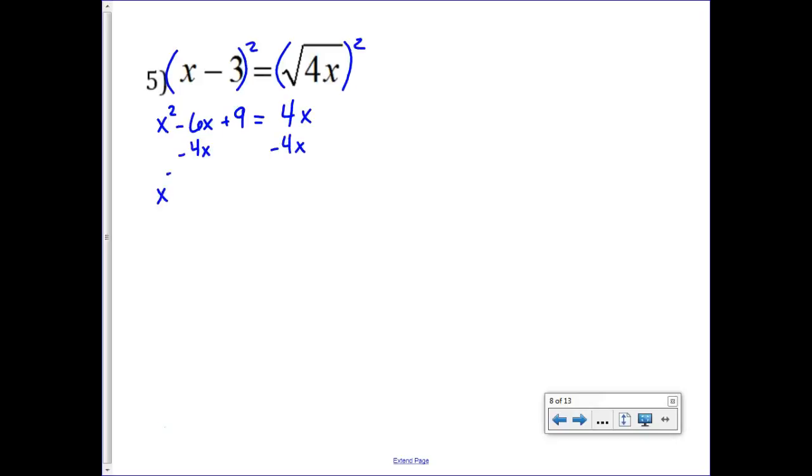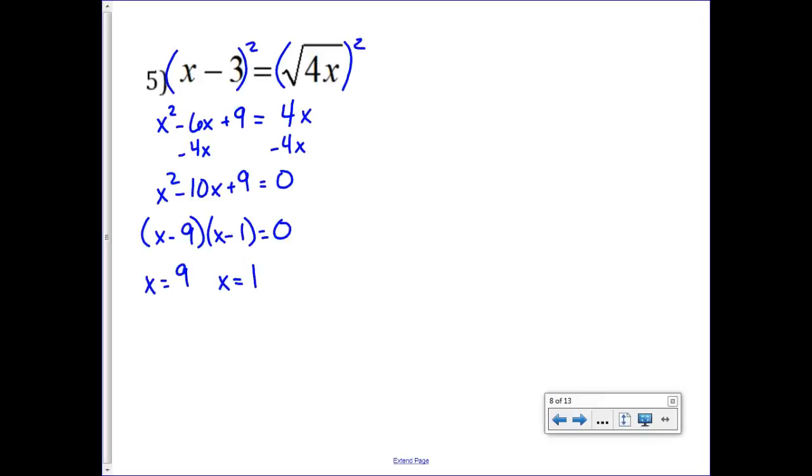So x squared minus 10x plus 9 is equal to 0. So I need two numbers that multiply to 9 and add to negative 10. Well, negative 9 and negative 1 should work. So x equals 9 and x equals 1.